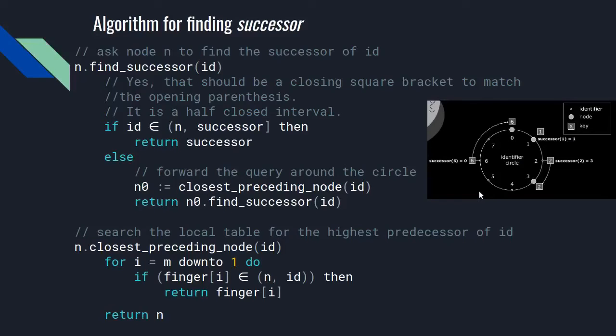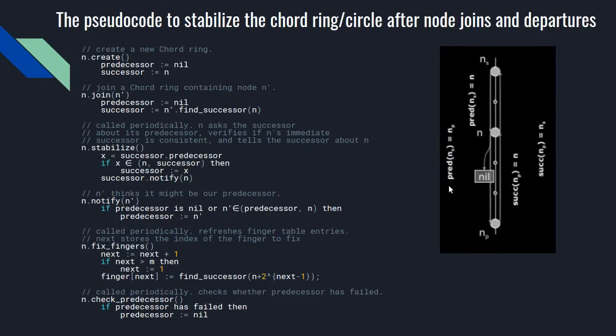So now, continuing with the algorithm for finding the successor. We ask node n for the successor of the ID. If the ID belongs to n's successor, then we return that our next node is the successor. Otherwise, we pass this message around the circle until we get the successor with the given ID. We also make a search on a local table with the given ID and return that finger.